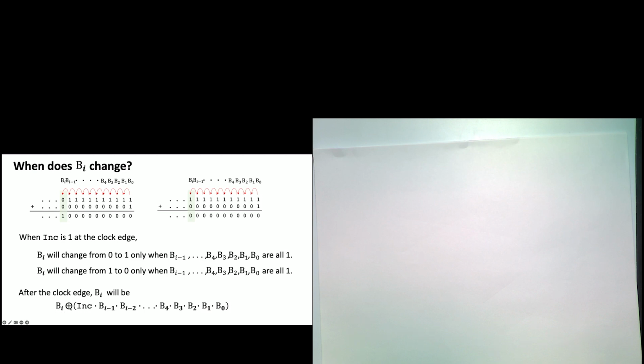If you XOR with a 1, you're basically inverting BI. So when do we want BI to change? Well, inc has to be 1, and all the bits to the right have to be 1. So there's your logic equation for the next value of BI. BI will flip, it'll go from 1 to 0 or 0 to 1 if this AND is 1.